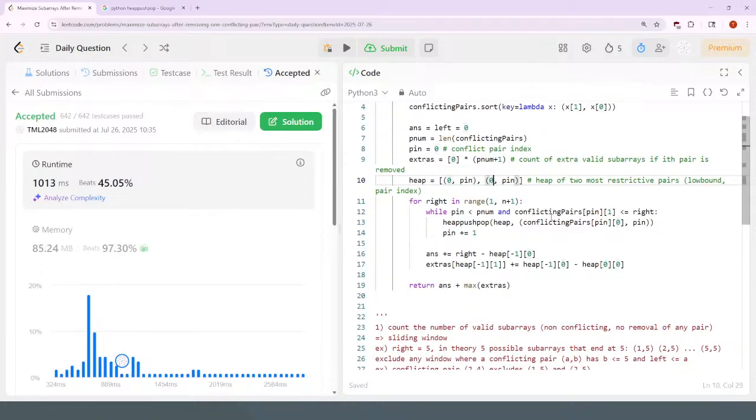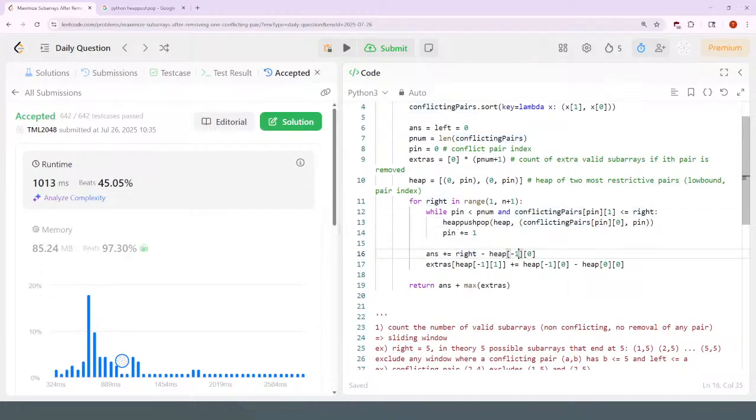And then every time you see another conflict that is possible, which is the right index of that conflict pair is smaller than or equal to the current right index, where this right index is not 0 indexed, but 1 indexed, then add it onto the heap, remove the least restrictive one off the heap, so that's the push pop.